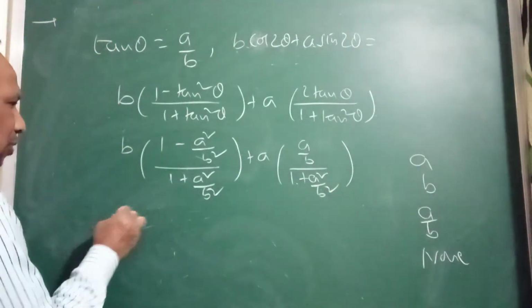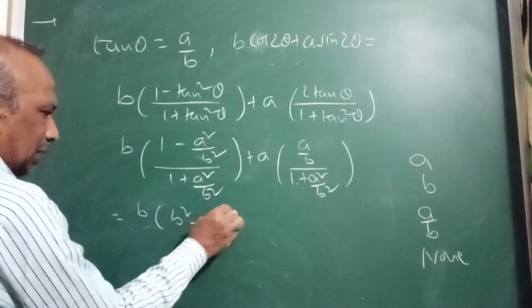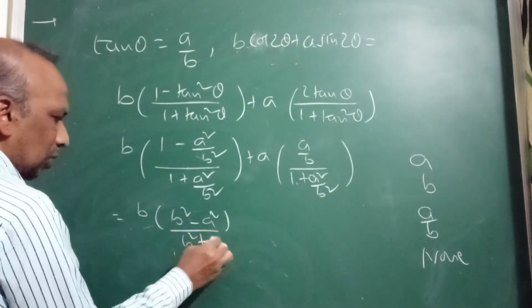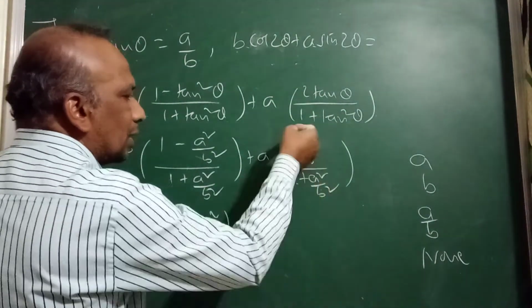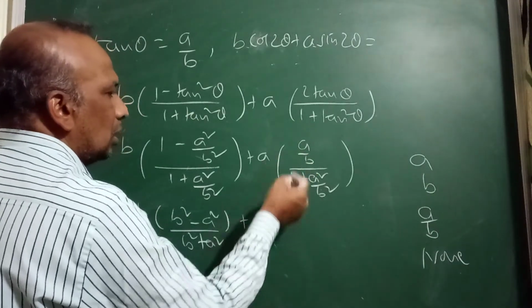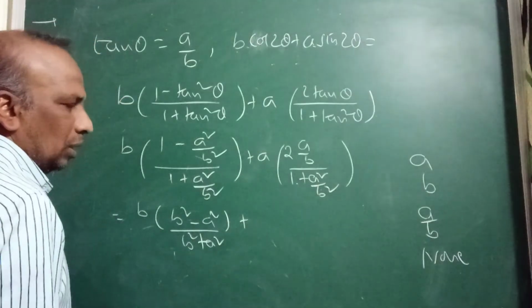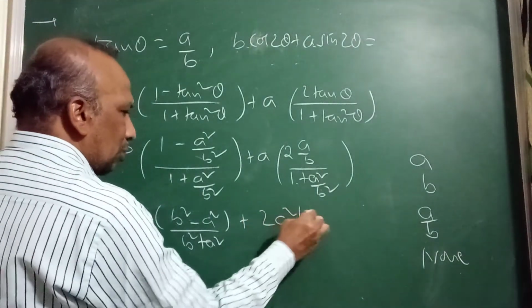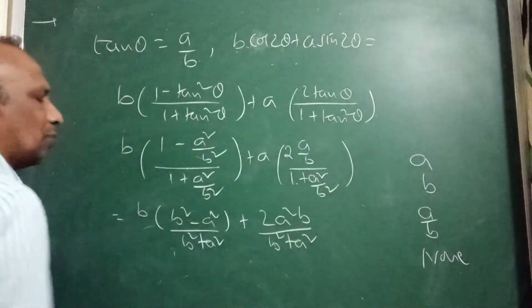If we simplify this, you will get b into b square minus a square by b square plus a square. One b gets cancelled here. Multiplying the other term, it is 2 also, so you will get 2a square by b square plus a square. Now simplify here.